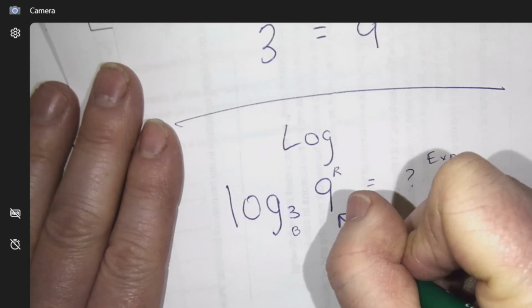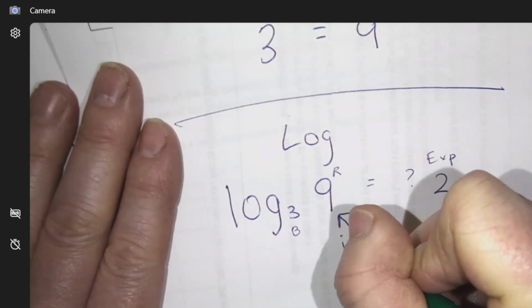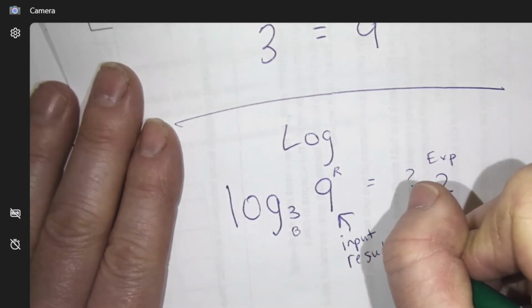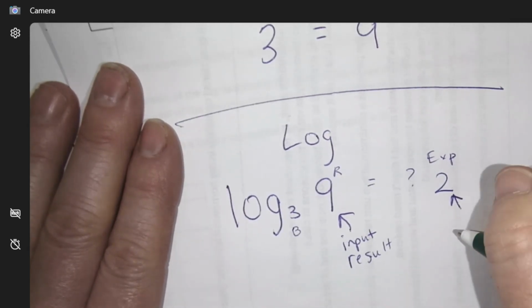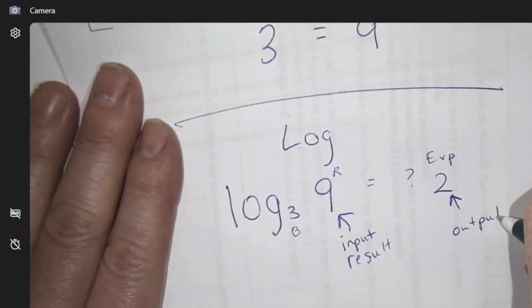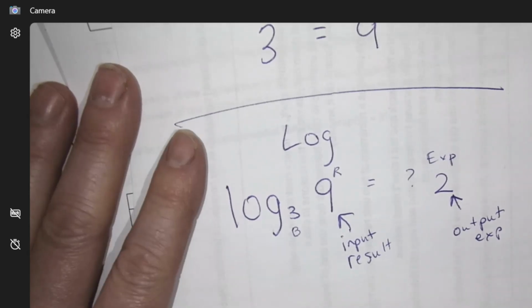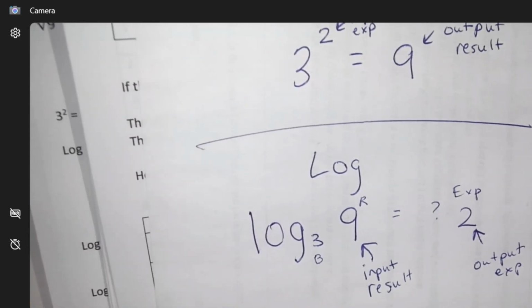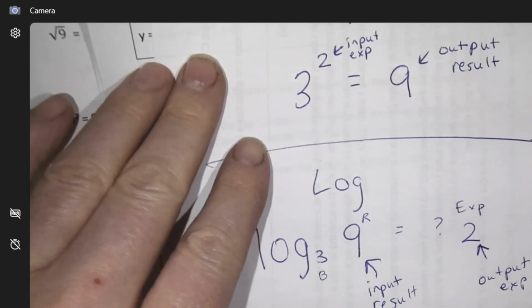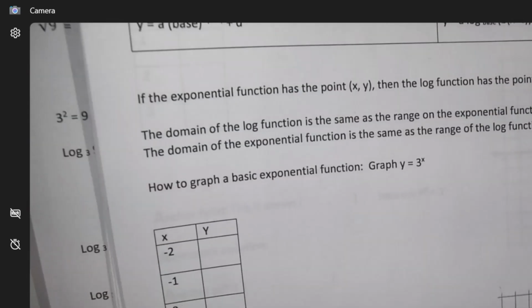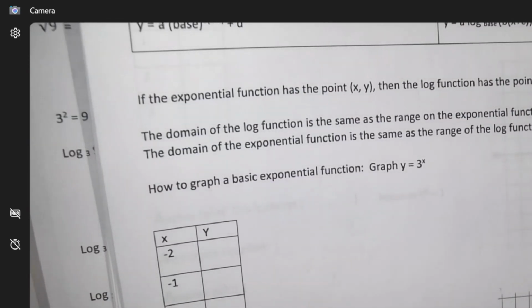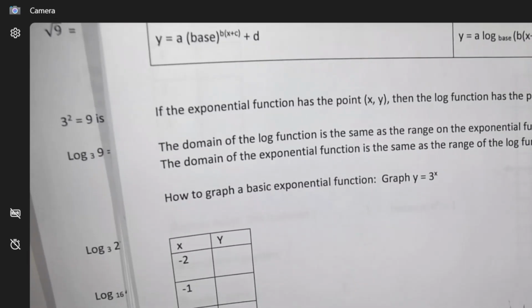We're going to input the result. So logs make you output, well, what is the exponent? It's that backwards thinking. Our input and our output are going to be backwards, which is why when you graph, your x and y coordinates are going to have to switch around because of the input-output.